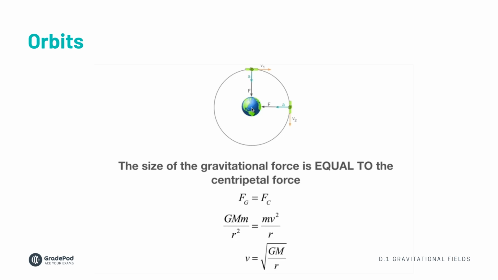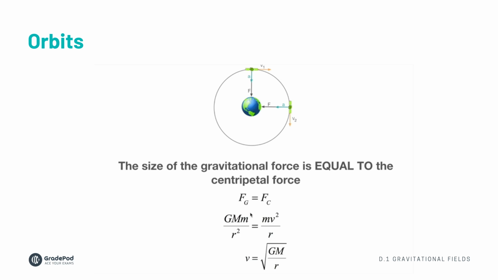What that allows us to do is to form a relationship. We can say the gravitational force from Newton's law is equal to the centripetal force. We can put expressions for each of them here. GMm over r squared for Newton's law of gravitation equals mv squared over r.